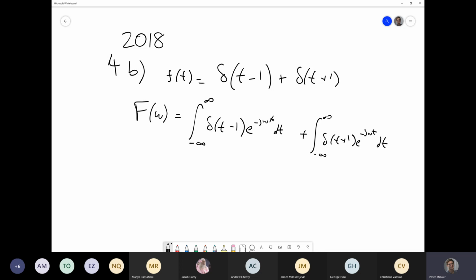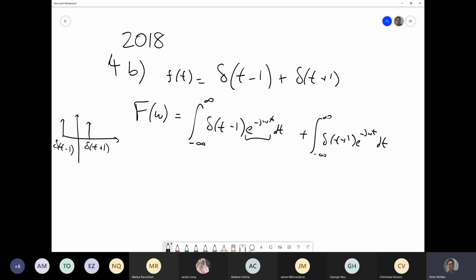Sure, so it essentially samples this function. So if we have this, this is going to be delta of t plus 1. This is going to be delta of t minus 1. E to the minus j omega t, we don't really know what it looks like, right?